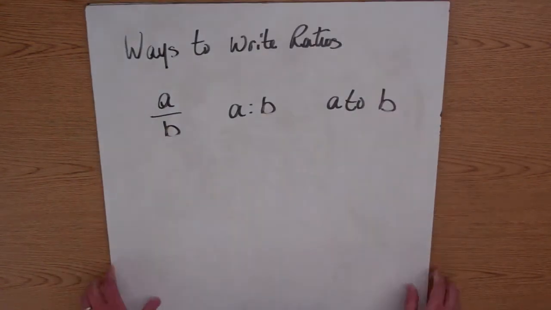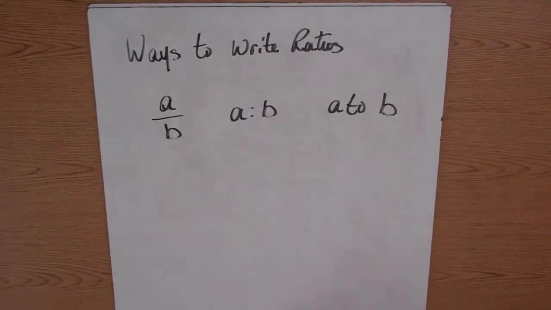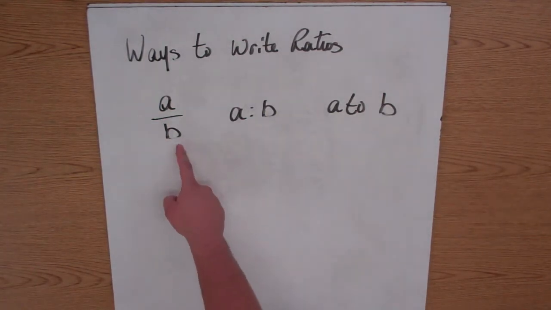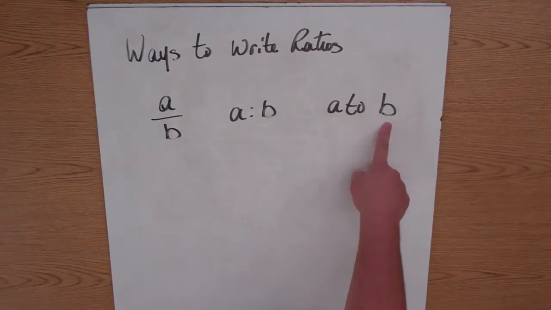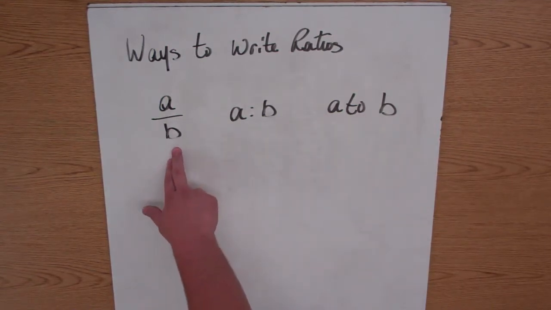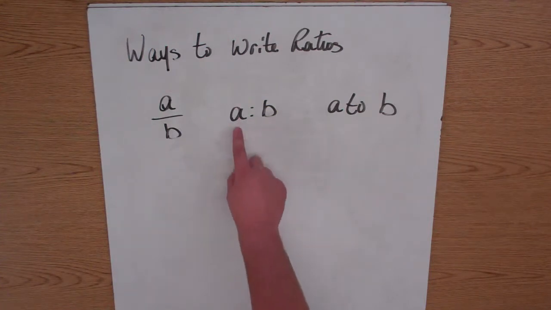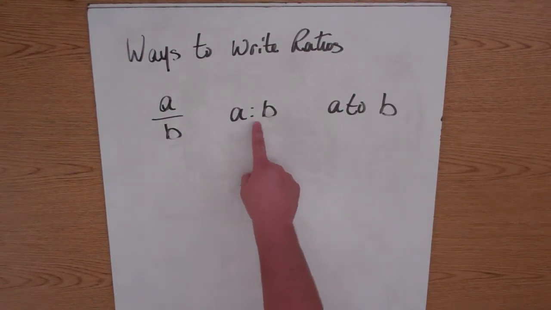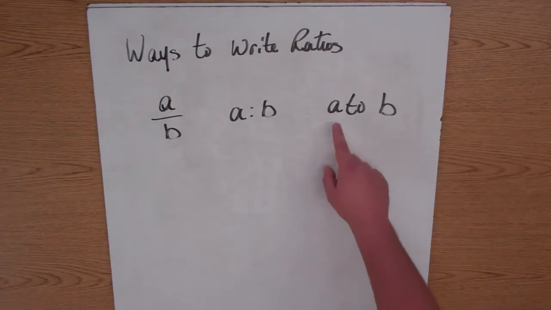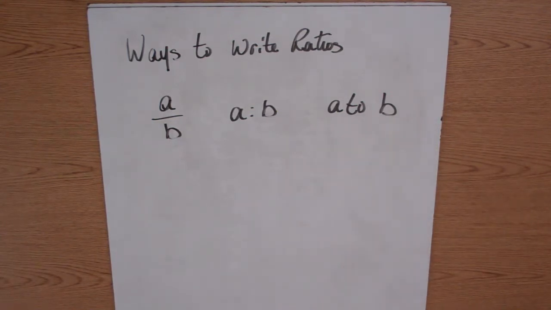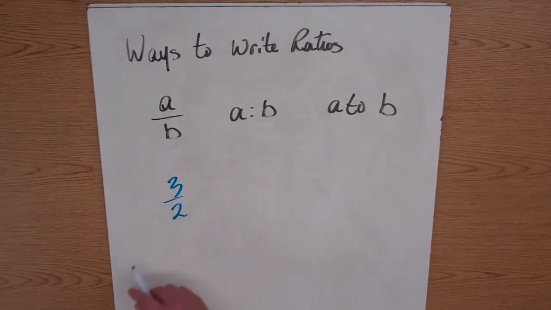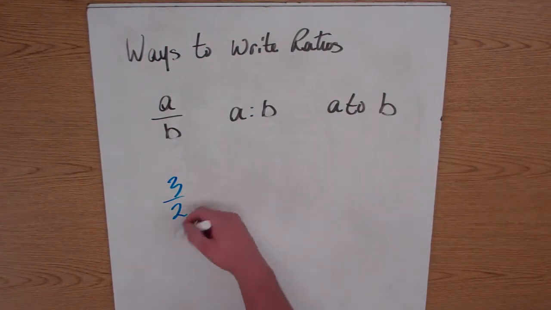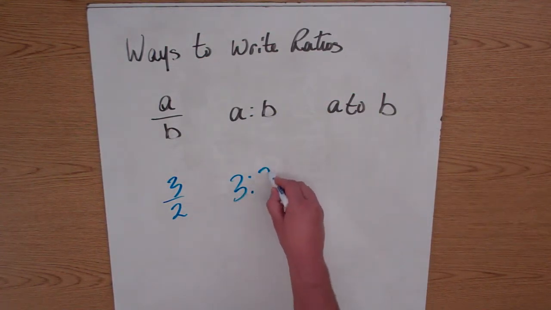Now, there's several ways to write a ratio. You can do A to B this way. Now, all of these are pronounced A to B. Alright, but you can do them A over B, as in fraction form, A colon B, or you can simply write it A to B. So if we wanted to add some numbers in there real quick, we could say 3 to 2, as a fraction, with a colon, or simply 3 to 2.